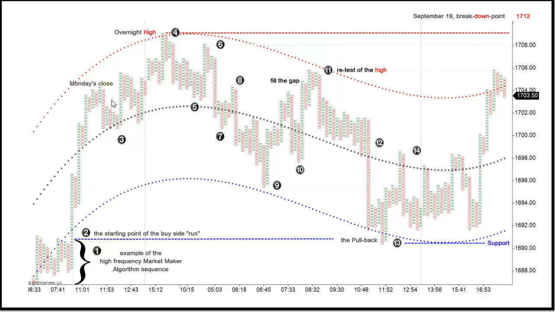S&P futures made a modest pullback at or near the 1700 price level before auctioning back up to the high and closing Monday's session at the high.